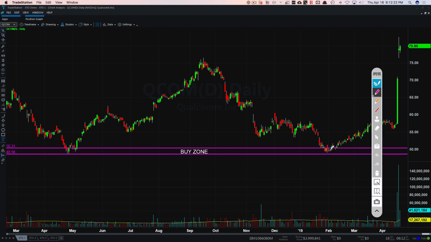If you weren't willing to get in somewhere right down here towards the bottom of the zone, just based on the touch of the zone alone, and that would be perfectly reasonable if you didn't want to get in because you don't have any confirmation yet, then certainly when you see price leave the zone, retest it, and leave again, there's no question. That is a trade you want to get on board with, and you can have a fairly small amount of risk because your exit point, if you were wrong, could just be right outside the zone.